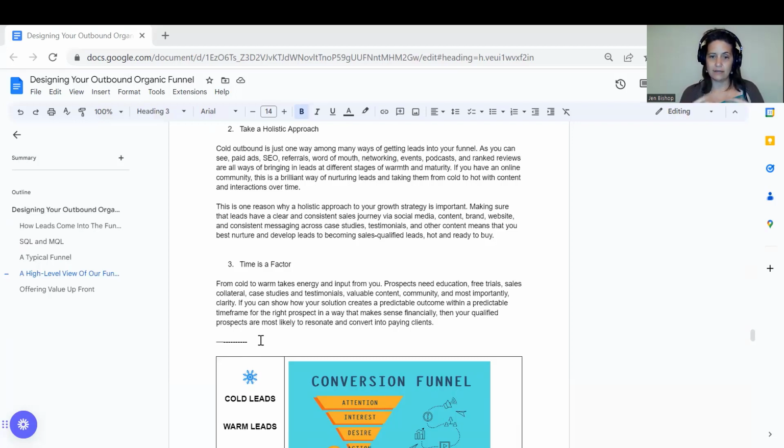They need value content. They need a community. And most importantly, they need clarity. So if you can show how your solution creates a predictable outcome within a predictable time frame to the right prospect in a way that makes financial sense, then your qualified prospects are more likely to resonate with the right frequency, get agitated, get heated up, and then convert into paying clients.